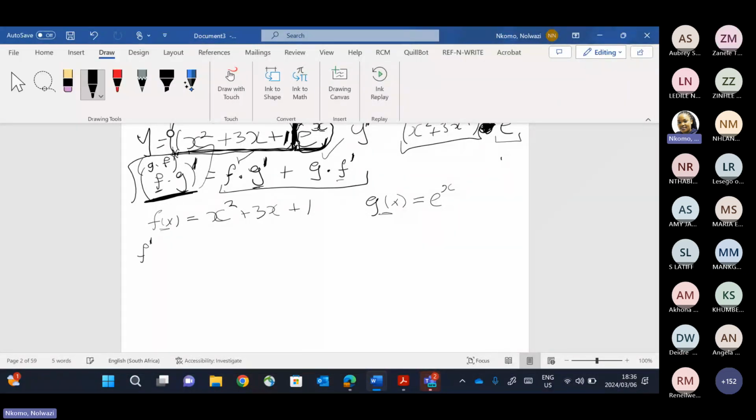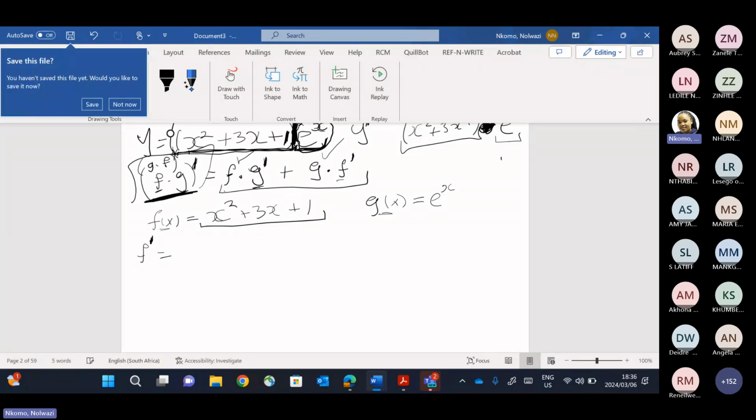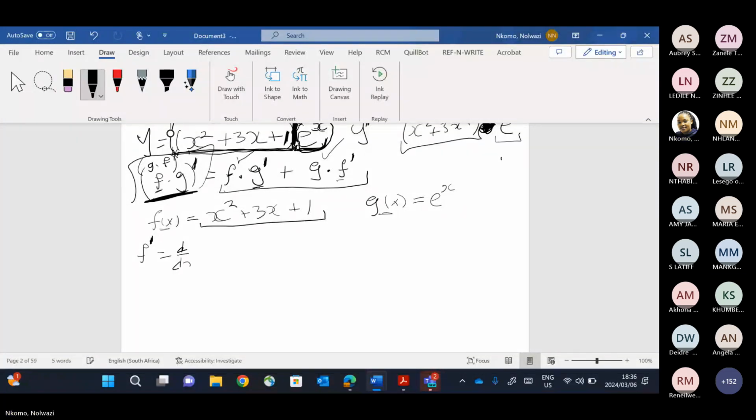We'll find f prime by differentiating x squared plus 3x plus 1. You can separate them and write it like this: the derivative with respect to x of x squared, plus 3 times the derivative of x with respect to x, plus the derivative of 1 with respect to x.